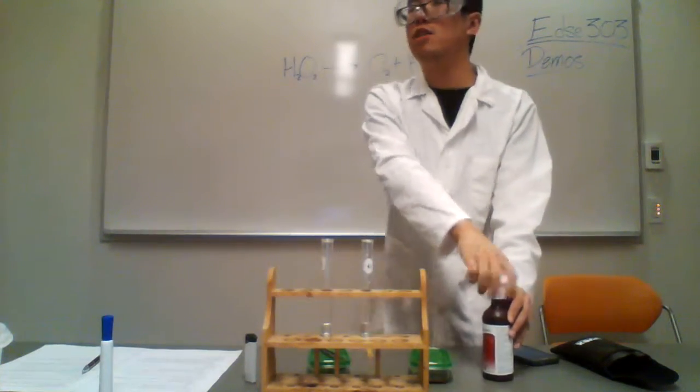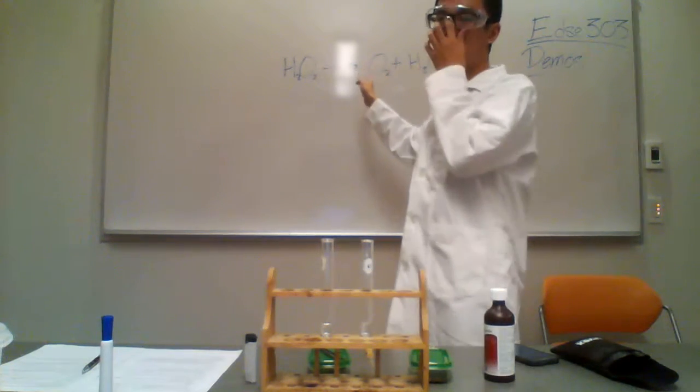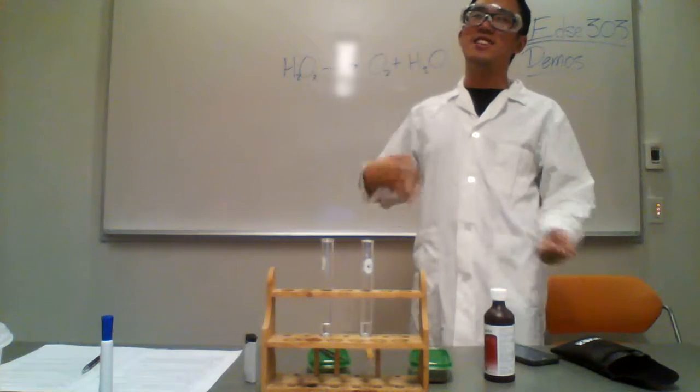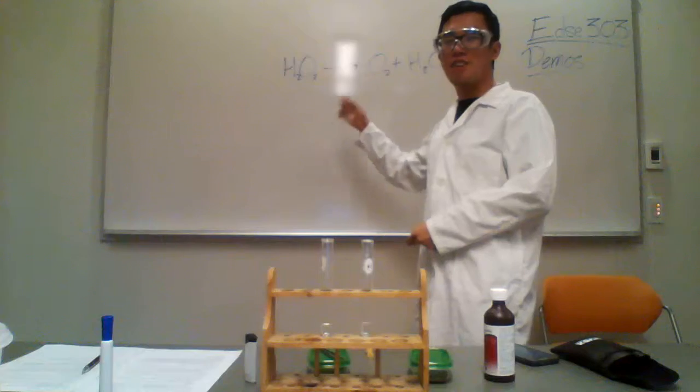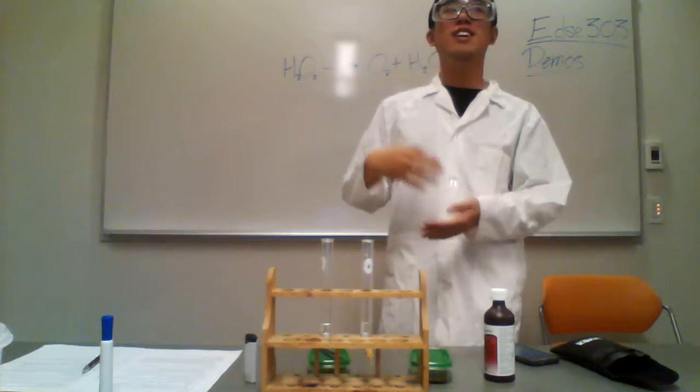What sort of reaction do you guys think this is? From hydrogen peroxide to oxygen and water. So like decomposition. It is a decomposition, and we're adding an enzyme, and an enzyme is a catalyst.